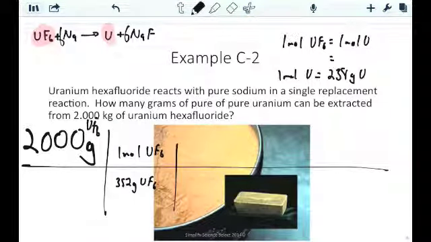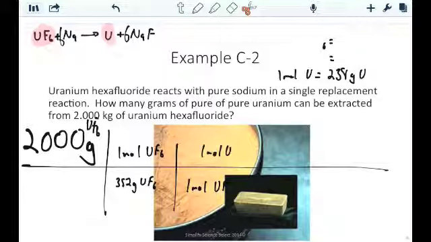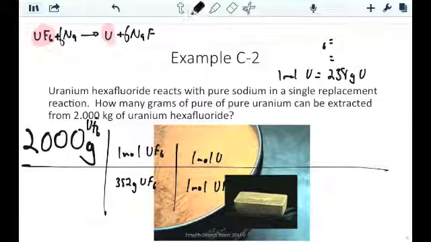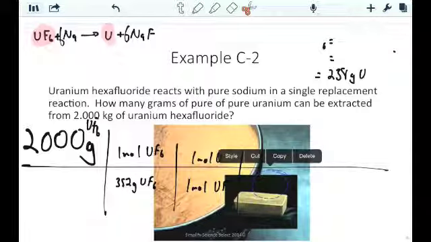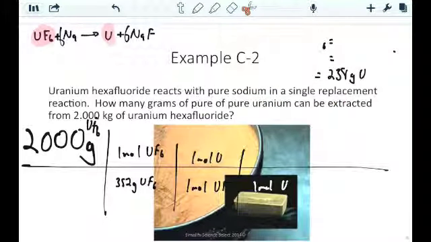Then we keep going, and we put our mole ratio, which there's a 1:1 ratio. And then we keep going, and then to go to grams, we put moles on the bottom. Make it where you can see that. 1 mole of uranium equals the grams of uranium on top.